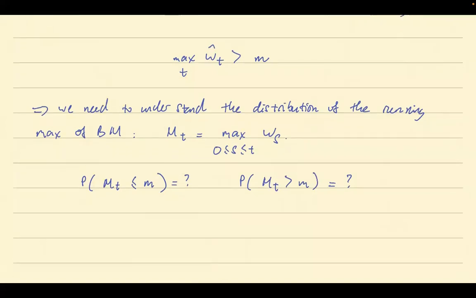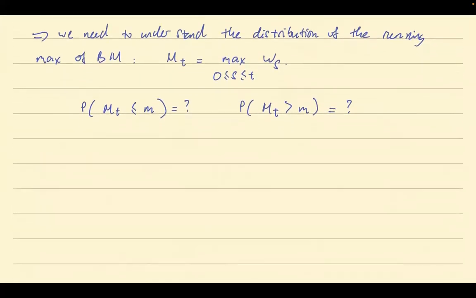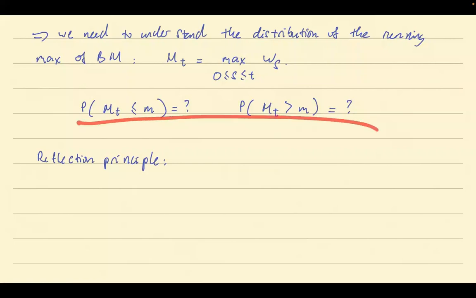So therefore, the following thing will be exactly why we want to look at the next one, which is the so-called reflection principle. Now, the reflection principle is quite famous, and it's famous exactly because it allows one to deal with something like this.